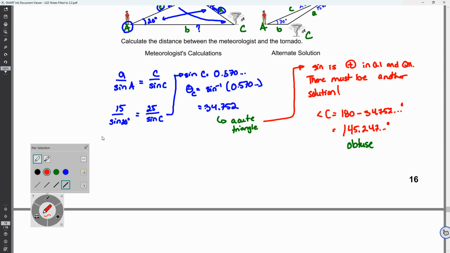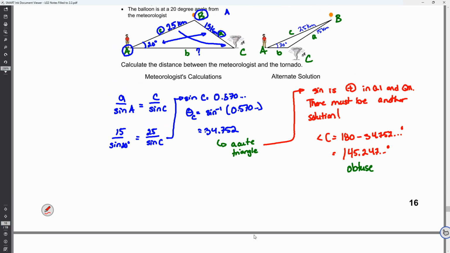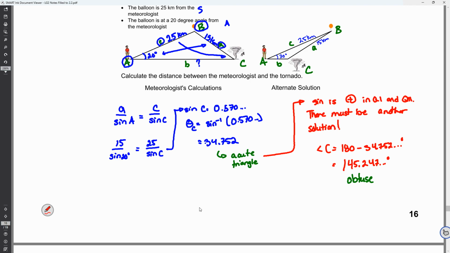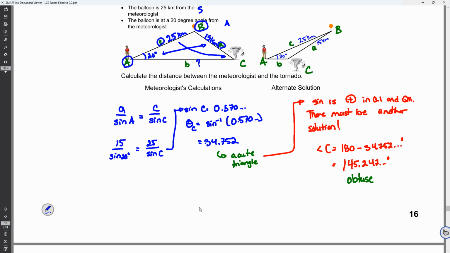Okay, so working off this, do I have space down there? Nope, I'm going to have to write really small, but that's okay. I have my reference angle of C, and now because we have that, we're going to solve for our angle of B. To solve for that, all you do is 180 minus 20 minus 34.752, and angle B we get 125.247.